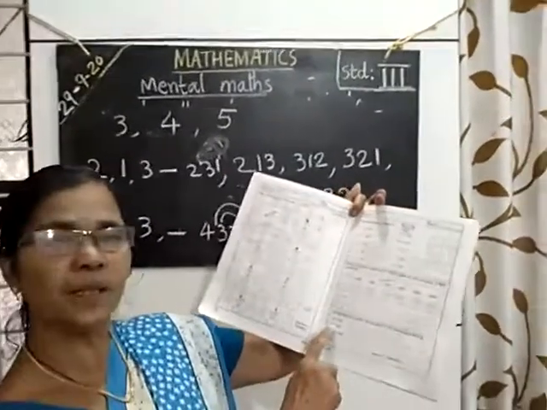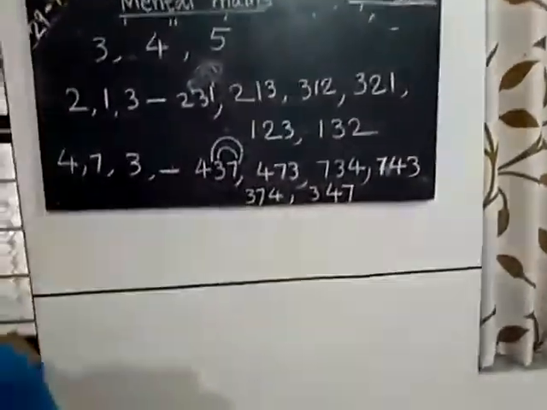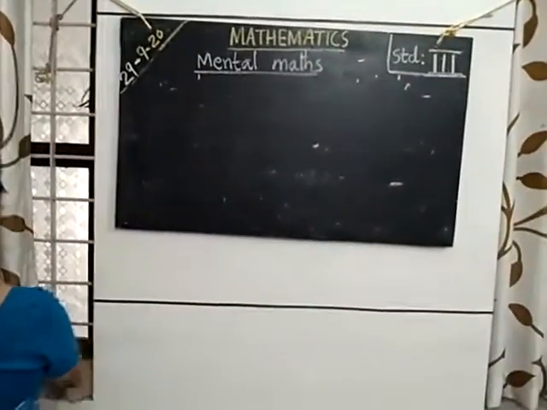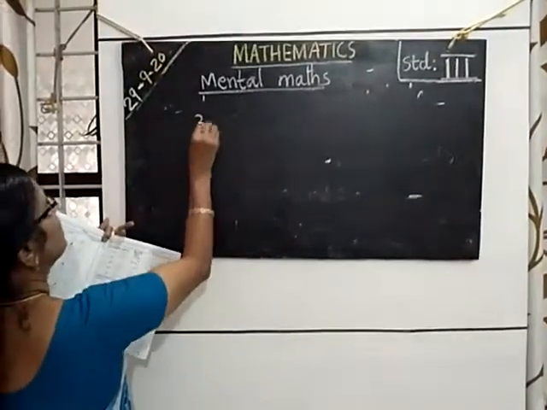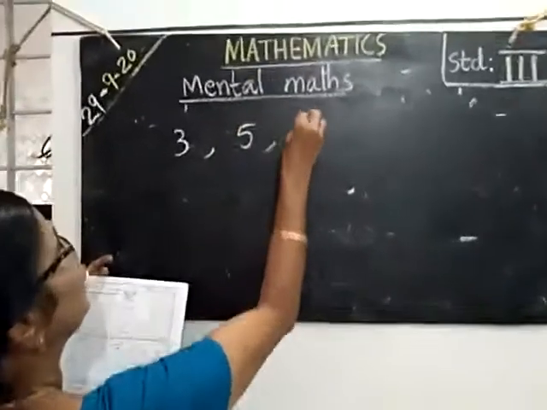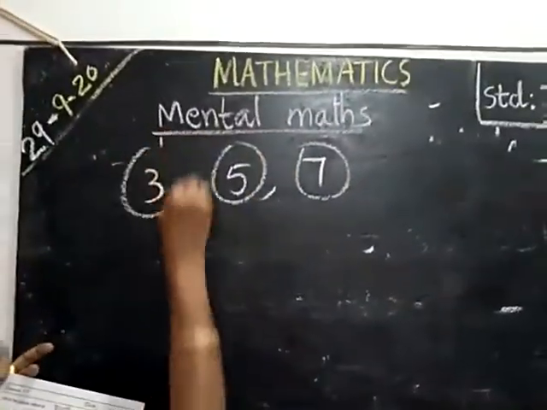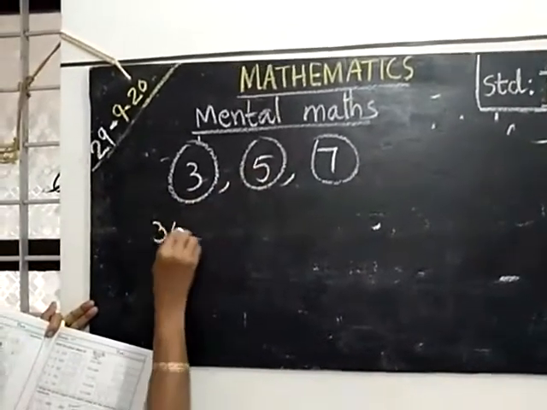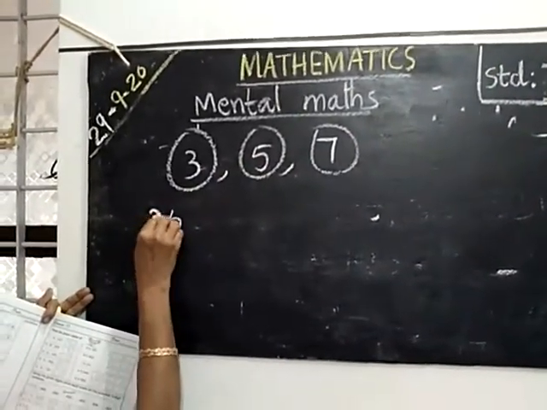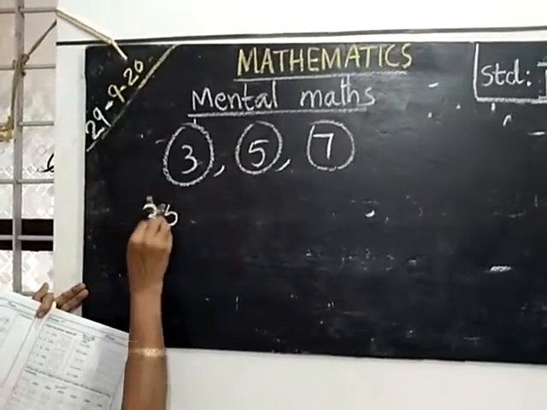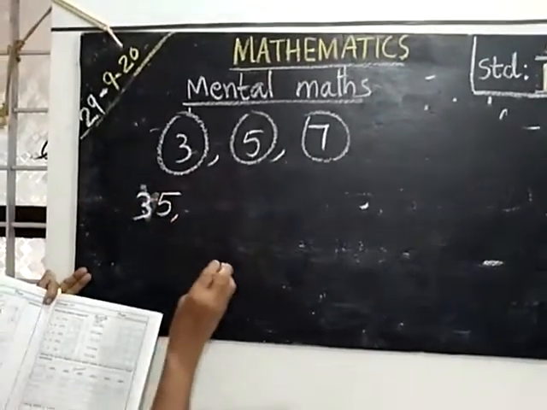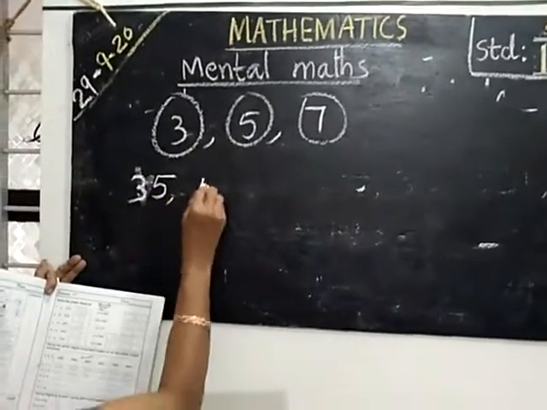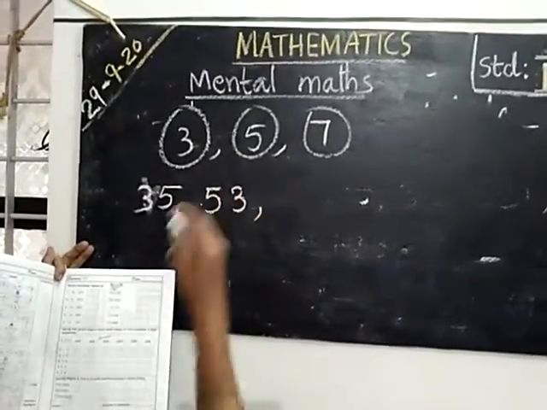Then 2 digit numbers, can you make 2 digit numbers? 3, 5 and 7 are the digits given. 2 digit number, 3 and 5 you take, 35. Then you can take the reverse, 53.